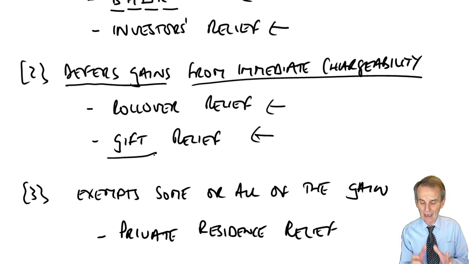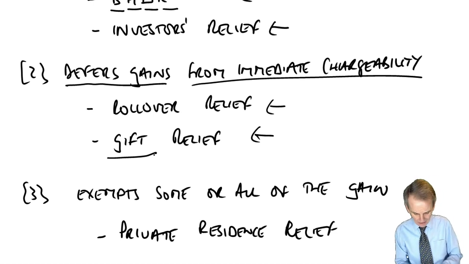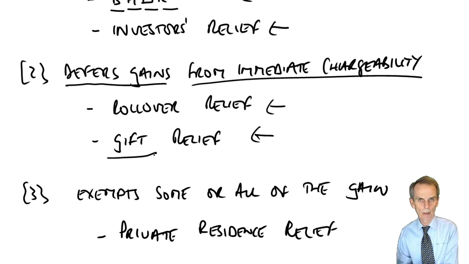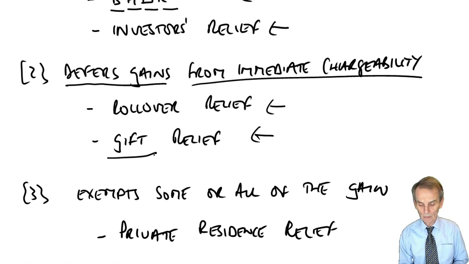And that would leave, therefore, the donor with a liability to CGT, depending on the amount of the gain, of course. But what gift relief enables that donor to do, with the agreement of the donee, is to transfer the responsibility of that gain to the donee. So the donor is able to give the asset away.